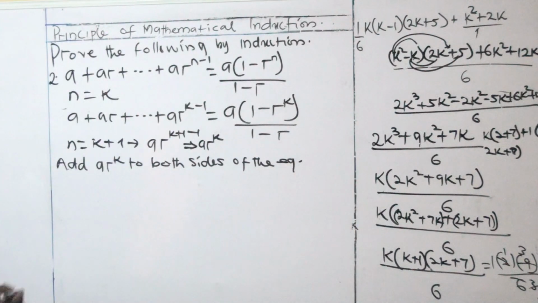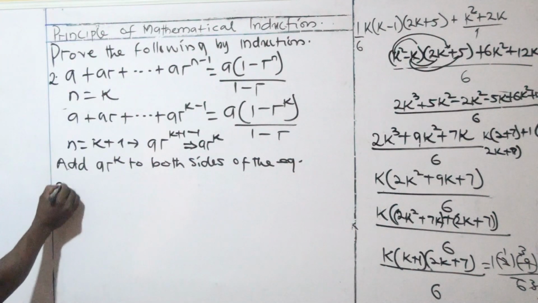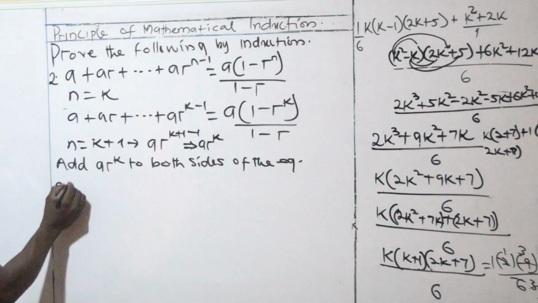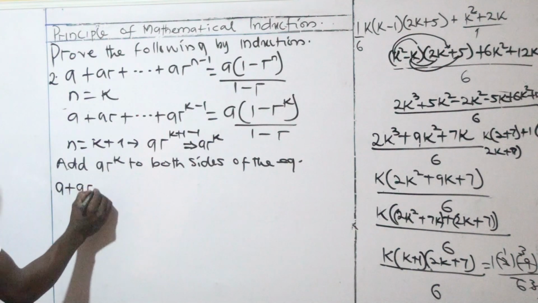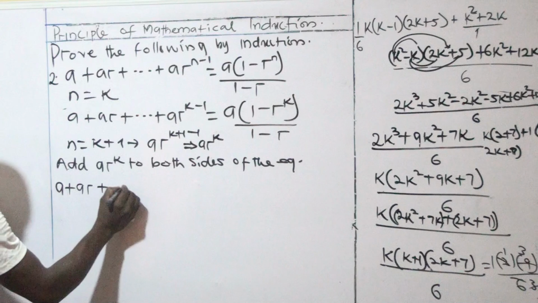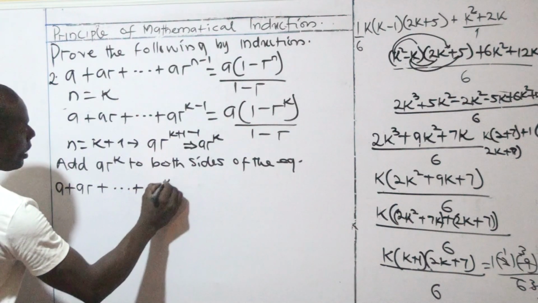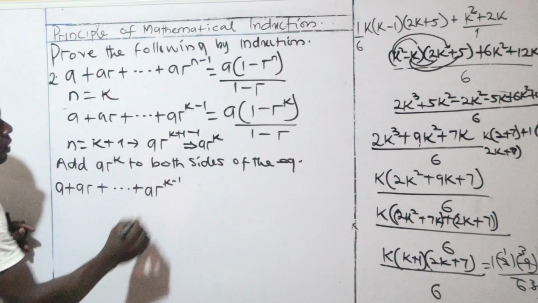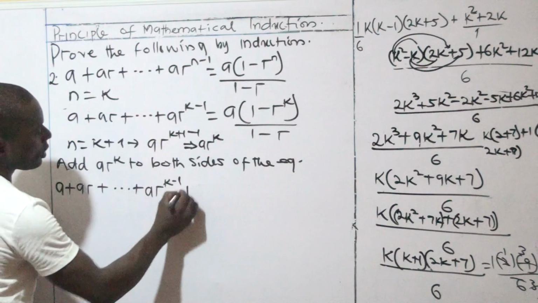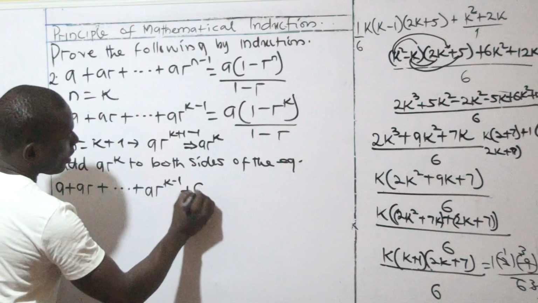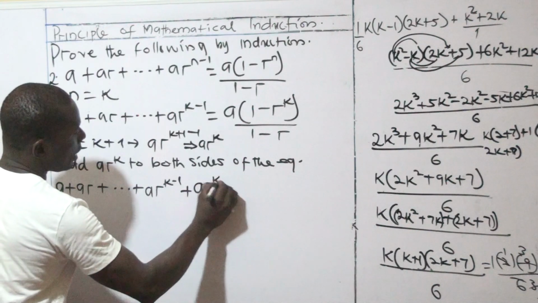Okay, so we do that. We come here. This is a plus ar plus dot dot dot plus ar^(k-1), which is there before, plus this term ar^k.